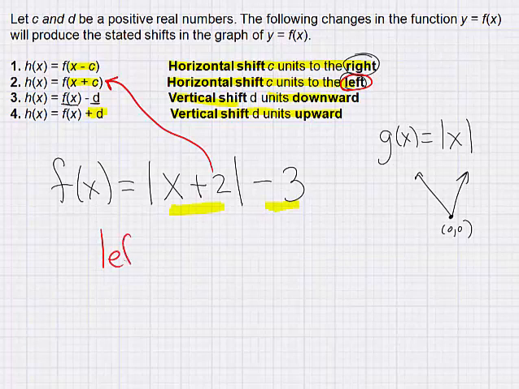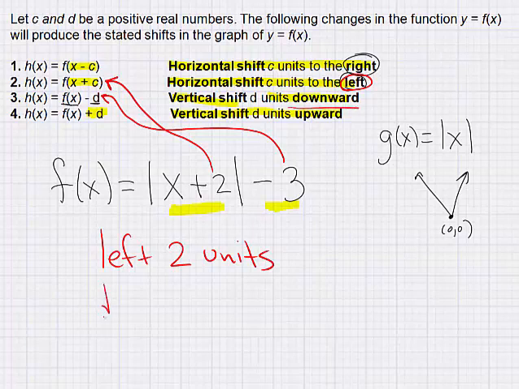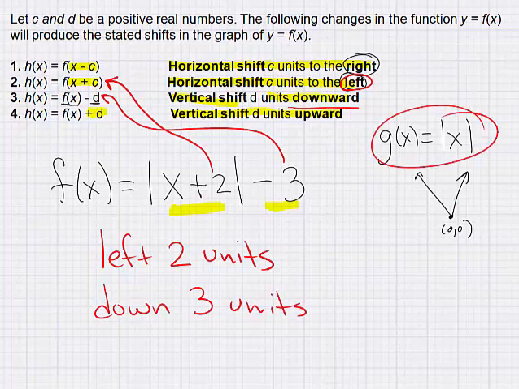So this should go left 2 units, and then I have a minus 3 outside. Well, that's outside the function, I'm subtracting it. So that should be a downward movement, so I should go down 3 units. So I should take my original absolute value, which is this V, and I should go left 2 and down 3, and my V would be there.